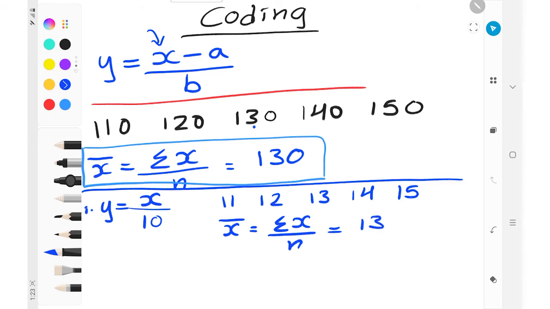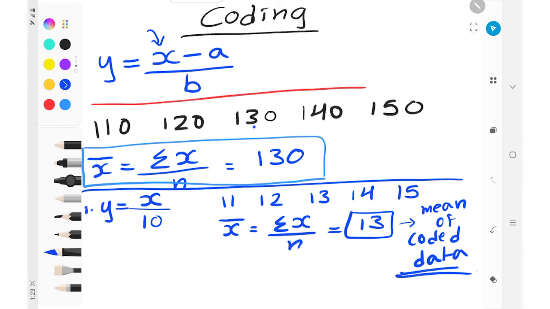Now if I want to find my original mean, my 13 is the coded mean. It's the mean of coded data.